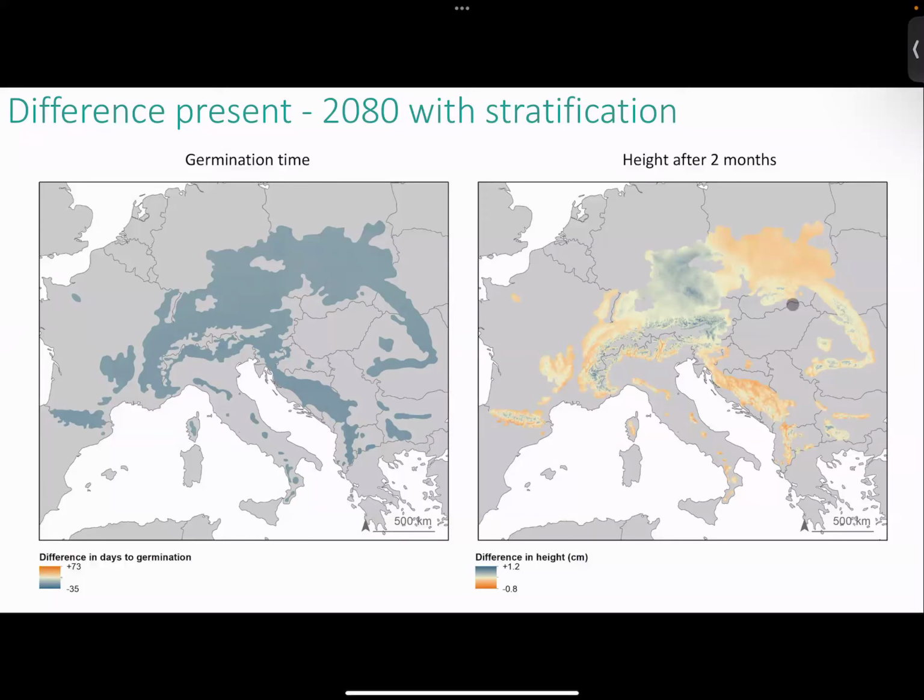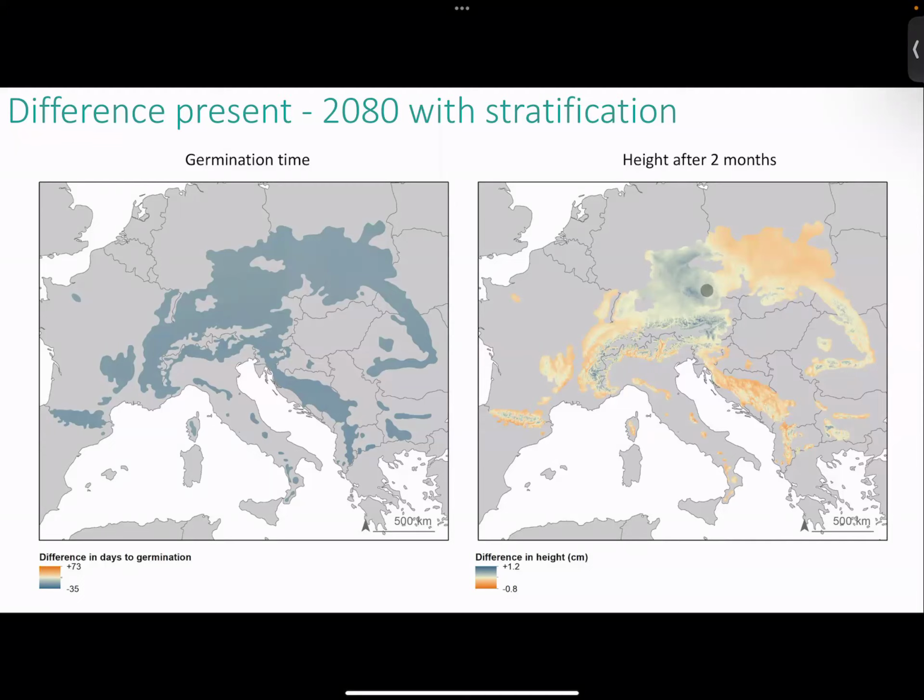On the other hand, on the right, we see the predictions for seedling growth, or the growth rate. And we see that the growth rate in this scenario is enhanced mainly in mountain ranges and in the north part of the distribution of the species, which correspond to the coldest areas of the species.